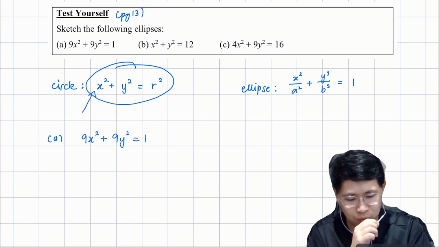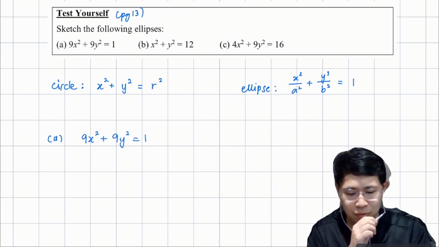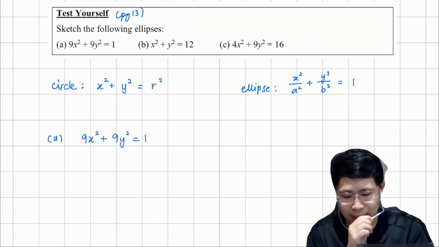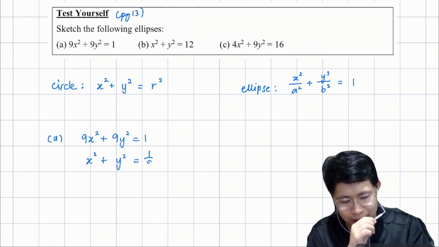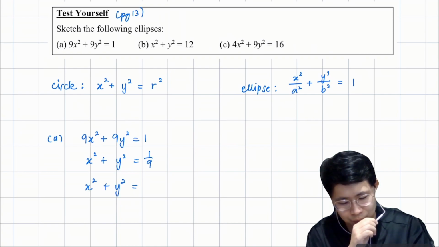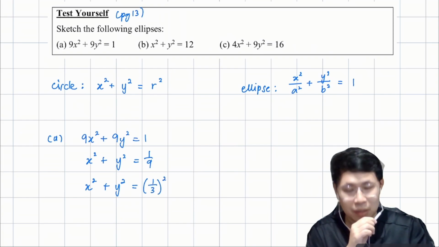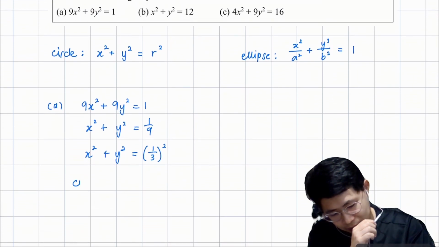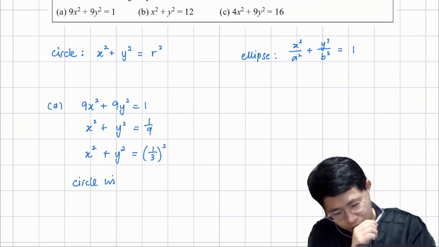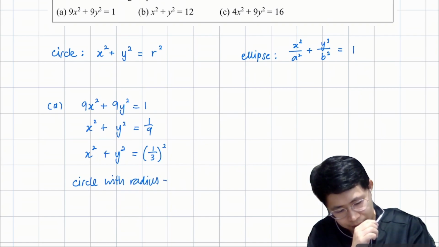I'm going to make the coefficient 1, so I need to divide throughout by 9. Last but not least, I will have x squared plus y squared equals r squared, where r squared is 1 over 3 squared. So this is a circle with radius 1/3.